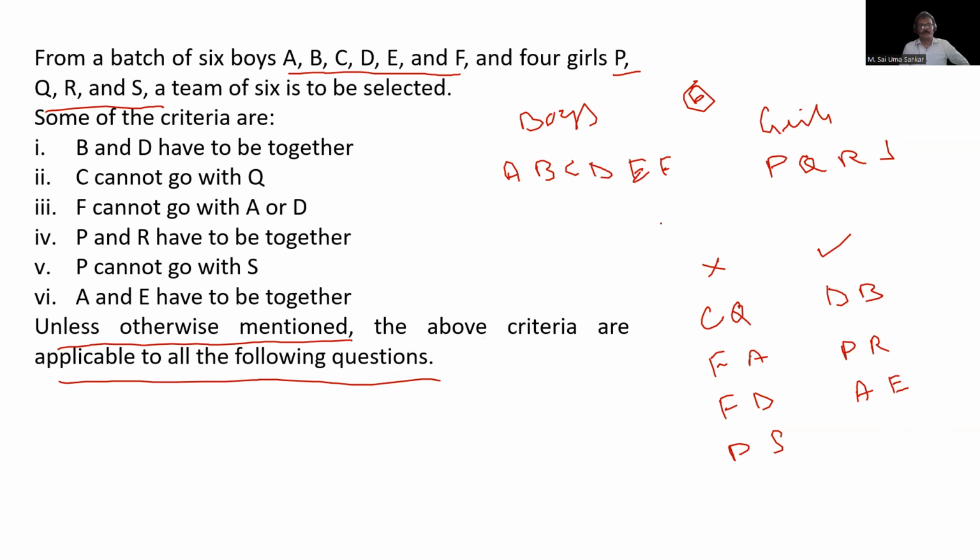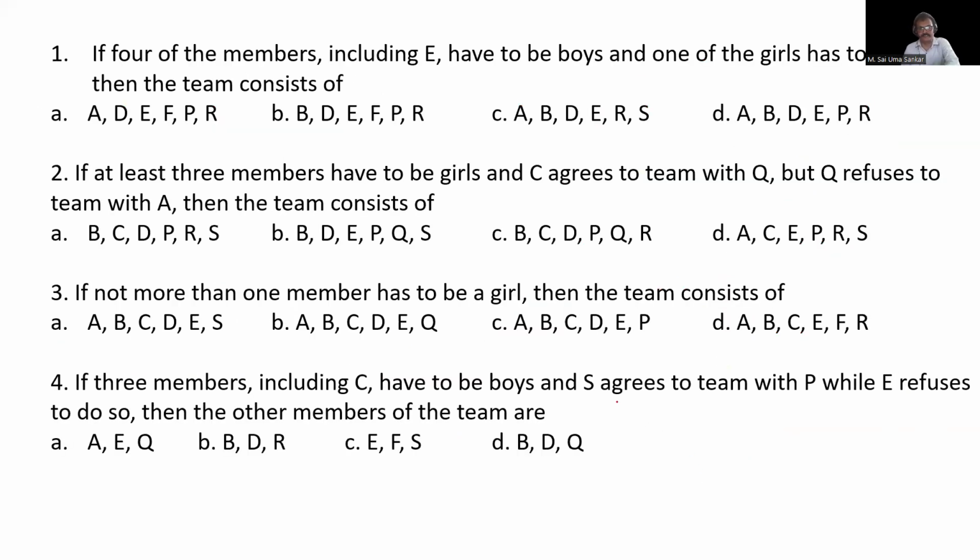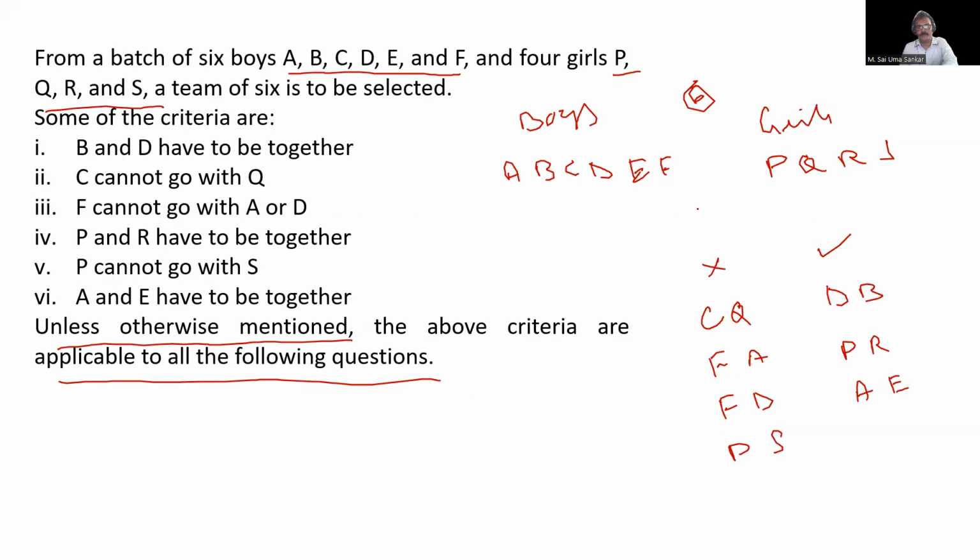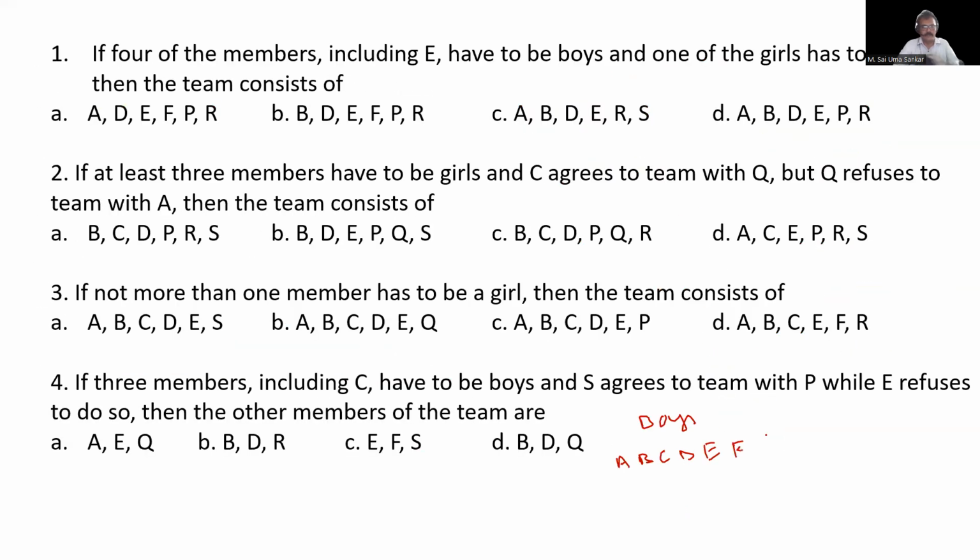Okay. So boys are A, B, C, D, E, F, and girls are P, Q, R, S. Now come to this case. Boys A, B, C, D, E, F. And next girls. What are the girls?